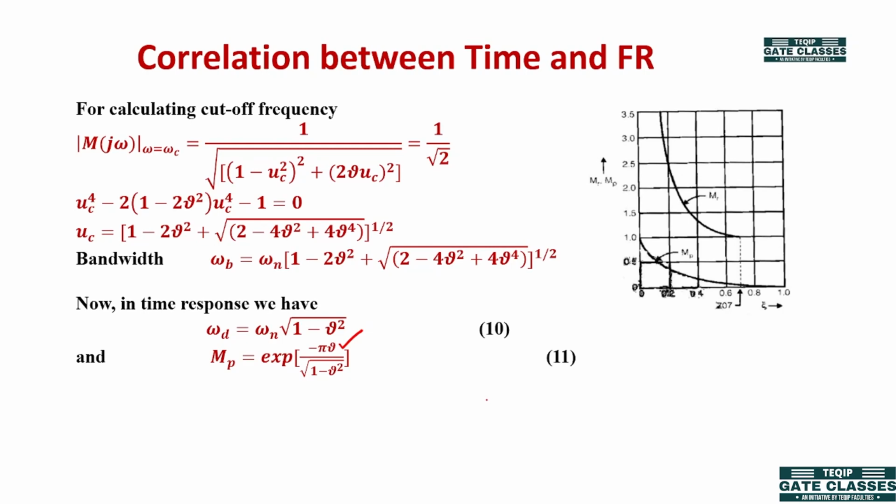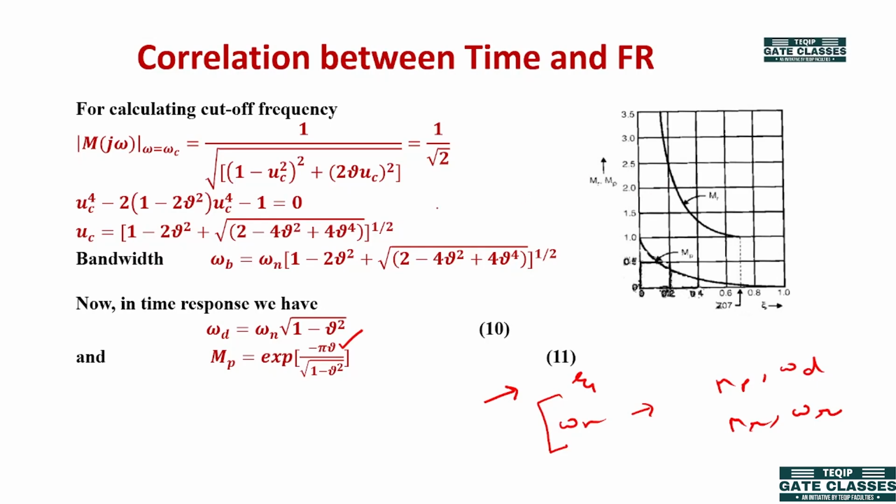So if we know the value of zeta and omega n, we can easily calculate Mp or omega d for time domain analysis, and Mr and omega r for frequency response analysis. We simply need omega n and zeta, and we can easily calculate any of the responses of the system.